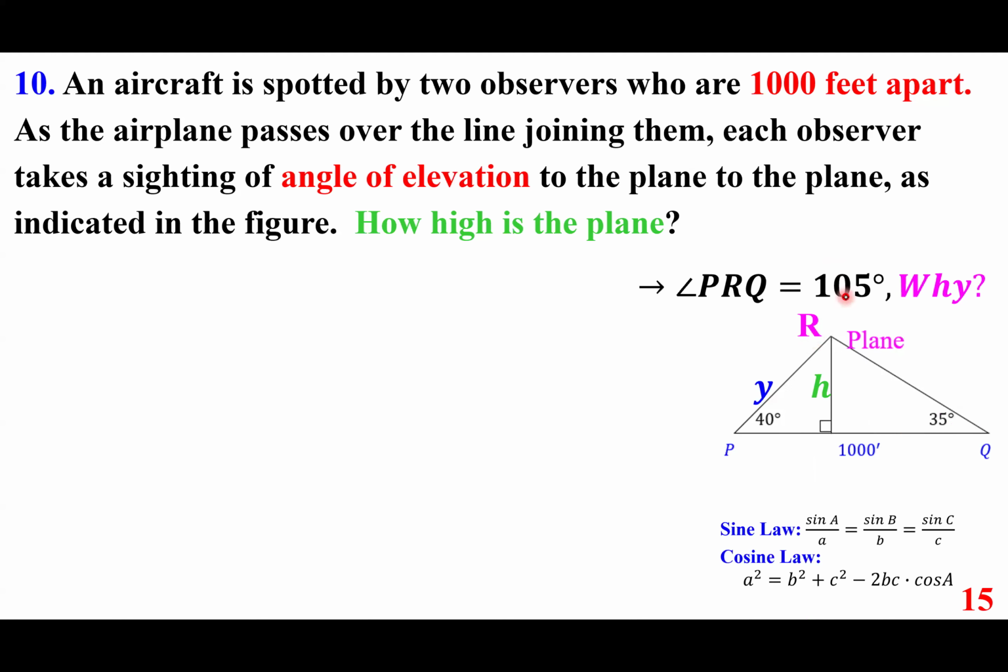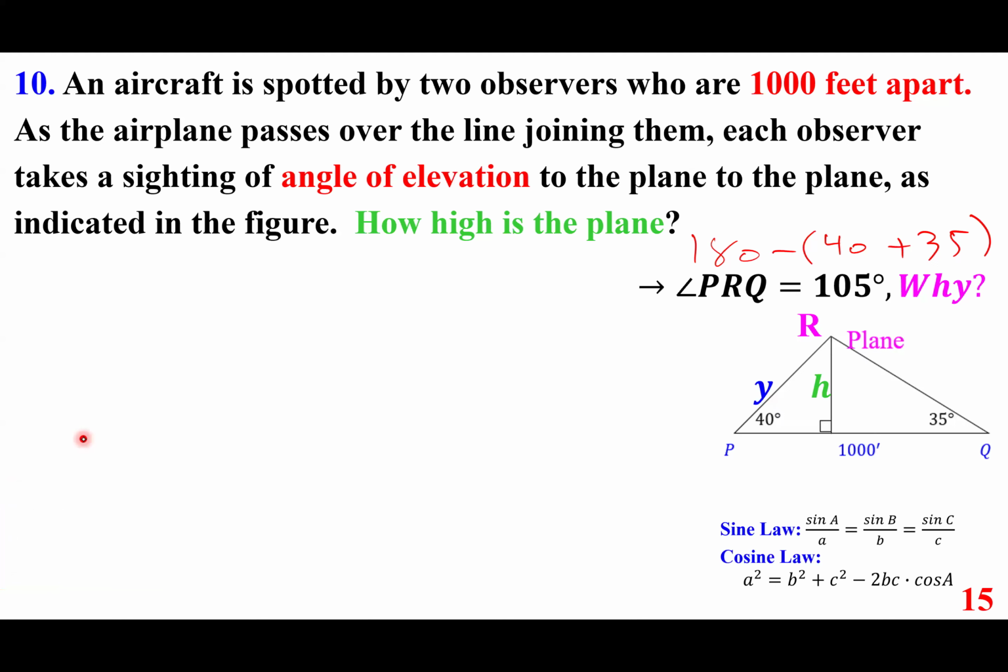PRQ is 105 degrees. Why is that? 40 and 35. So PRQ is 180 minus 40 plus 35. And therefore, the angle PRQ must be 105 degrees.